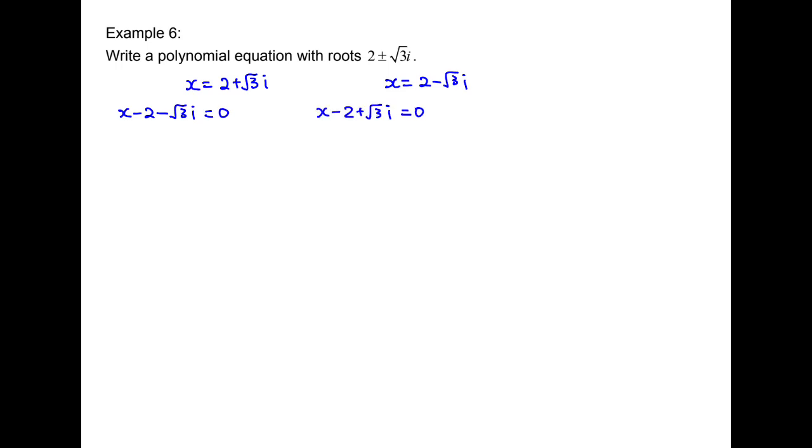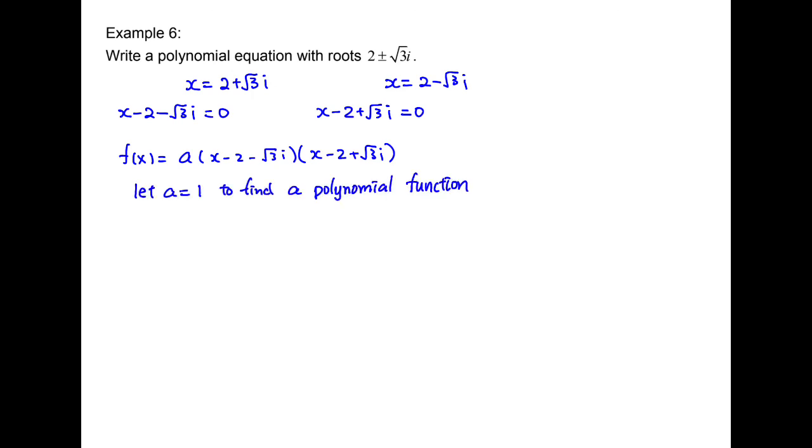Then we can say the family function f(x) equals a times x minus 2 minus root 3i times another factor x minus 2 plus root 3i. Since the question only asks to write a polynomial equation, that means we're going to let a equal 1 to find one possible polynomial function.